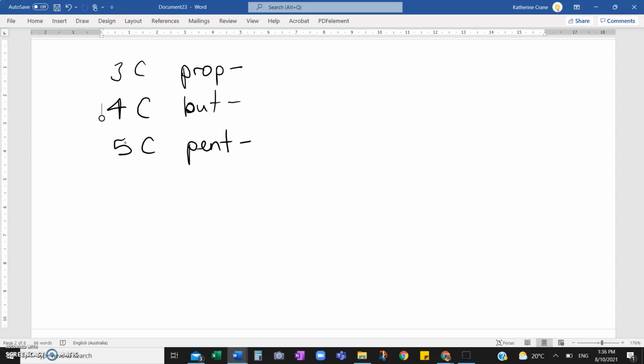I'm thinking of pentagram, pentagon, hexagon, and heptagon, probably less familiar with, but that's for 7. And oct for 8. Non and dec for 9 and 10, but we don't need to go that far. 6 carbons, 7 carbons, 8 carbons. Okay, so they're our prefixes.